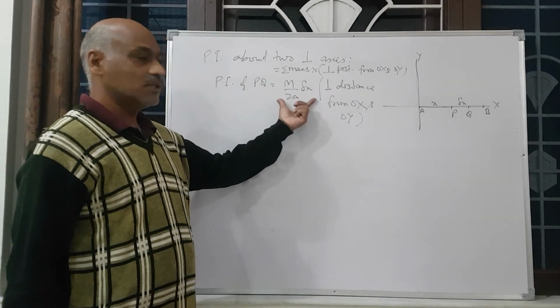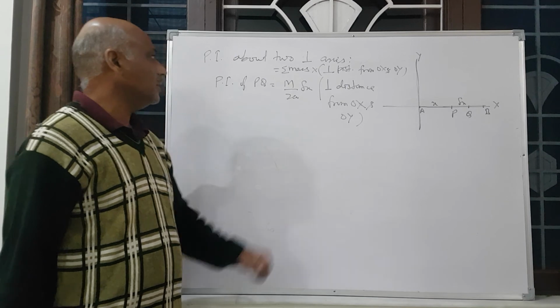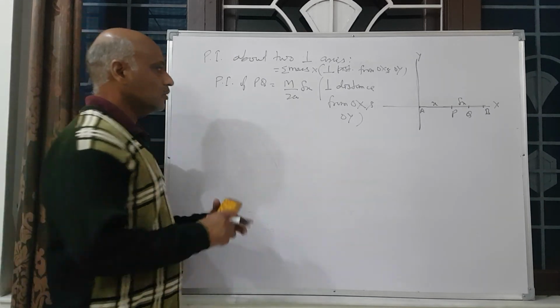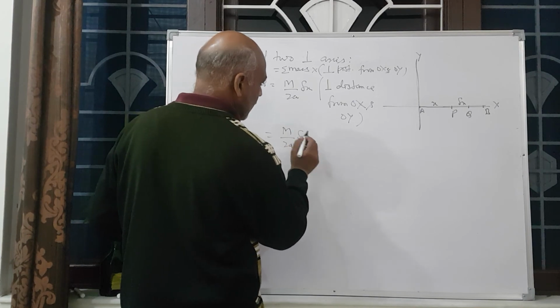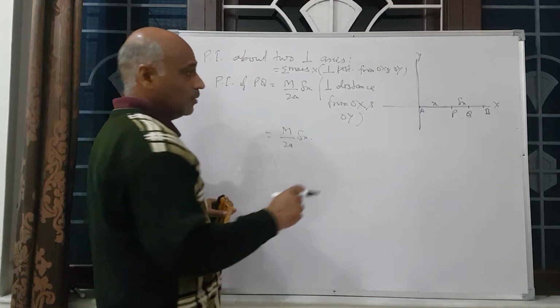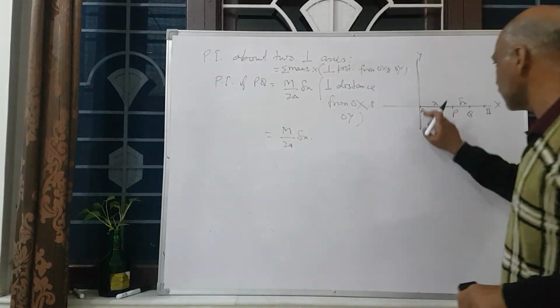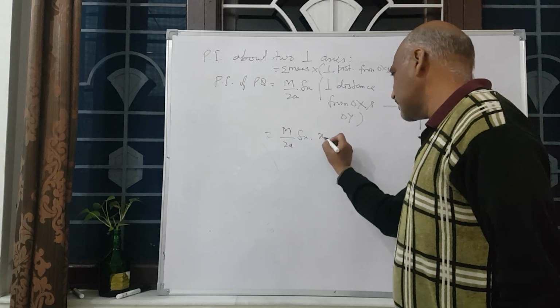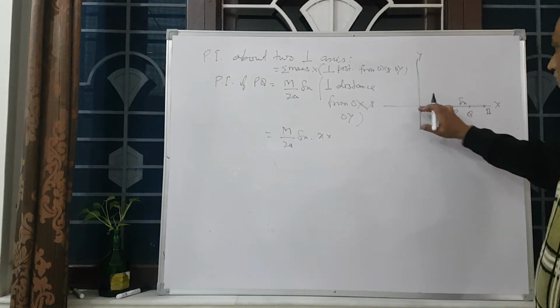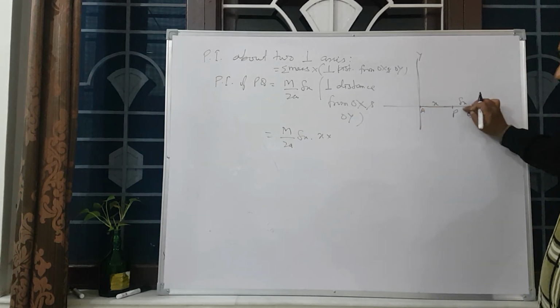So the mass of PQ is m upon 2a del x. The perpendicular distance from OY is x, into the perpendicular distance from OX to this PQ.